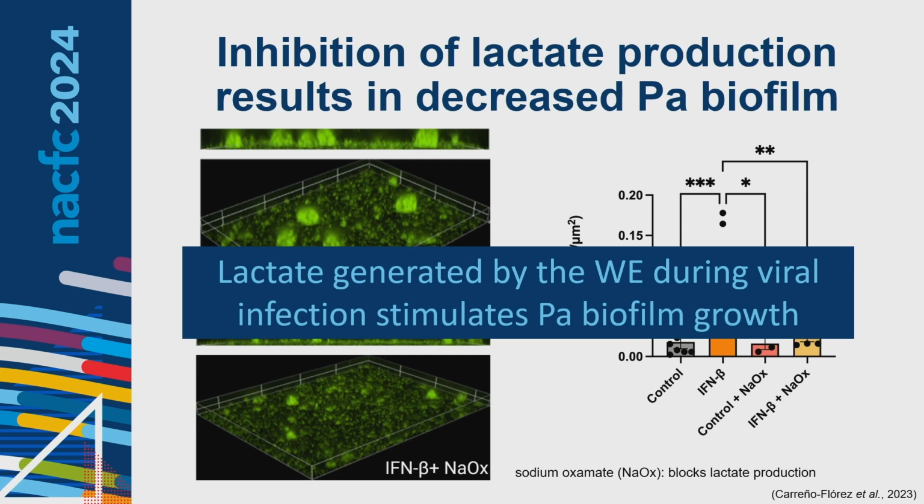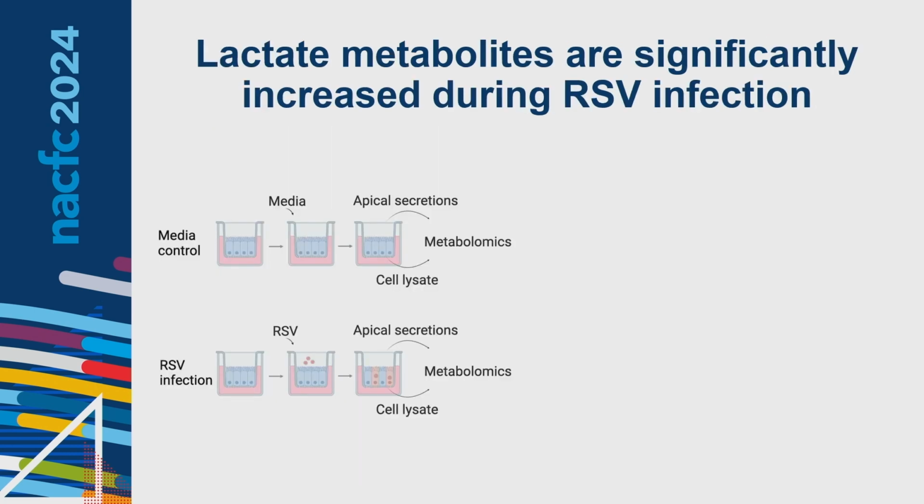And so in the last few minutes, I want to shift the focus a little bit and talk about some metabolomics research studies that we did, trying to look deeper into this lactate metabolism and also other potential metabolic pathways that are being shifted during viral infection. And so in order to do this, we used this transwell epithelial model.